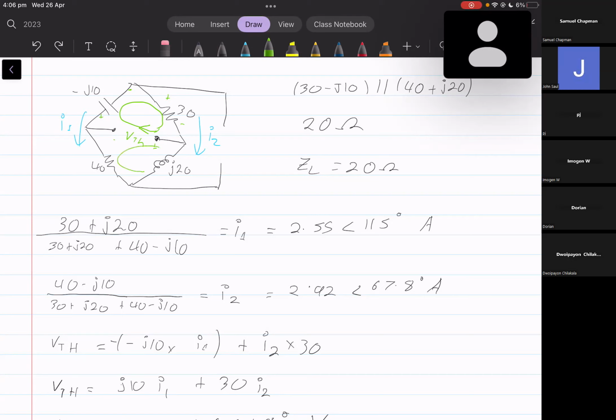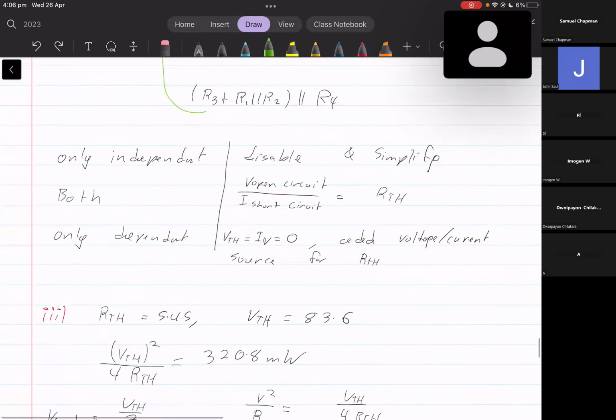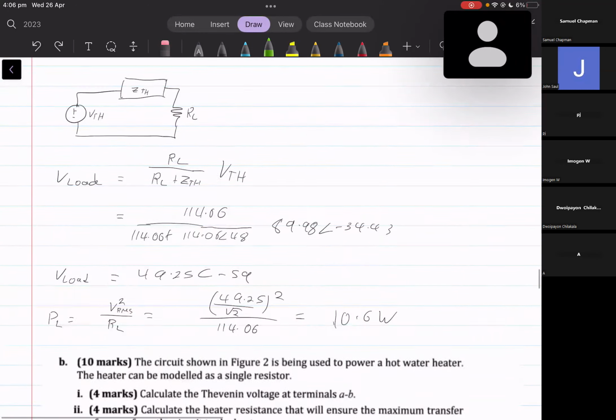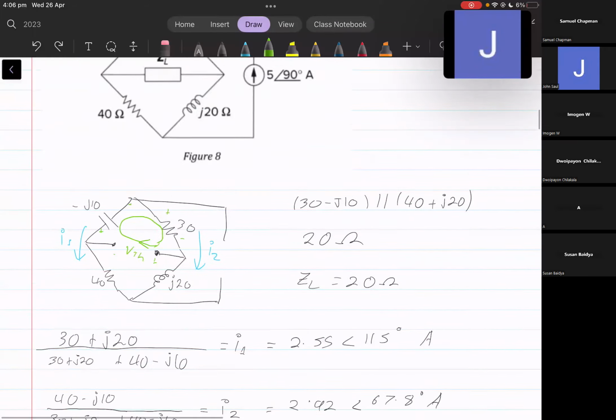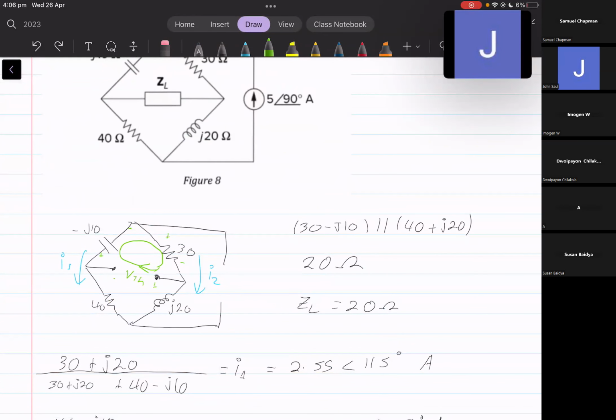I could have very easily made this the loop. We could have had a look this way and found the voltage here and used that one, but I just chose to use the top. So it's just KVL at the top part, just one mesh. Okay, thank you so much.